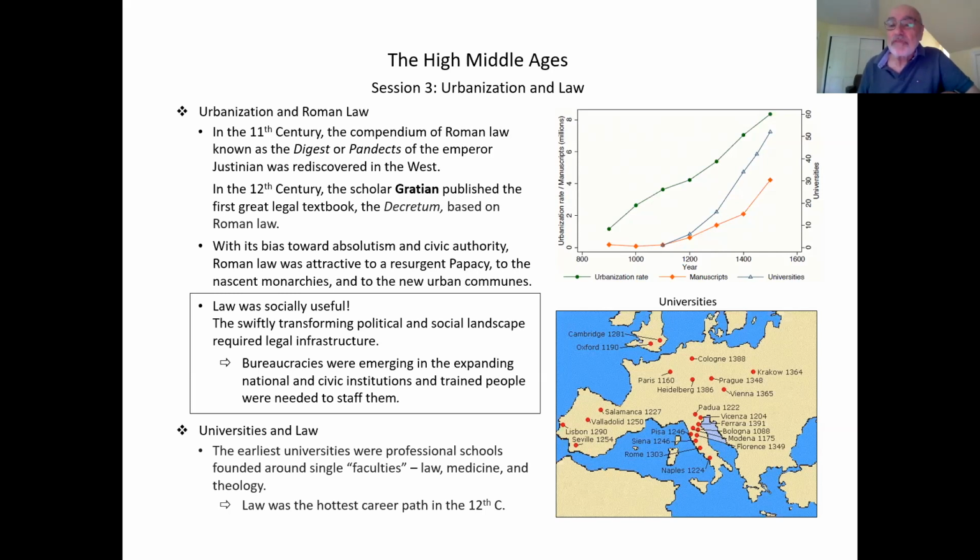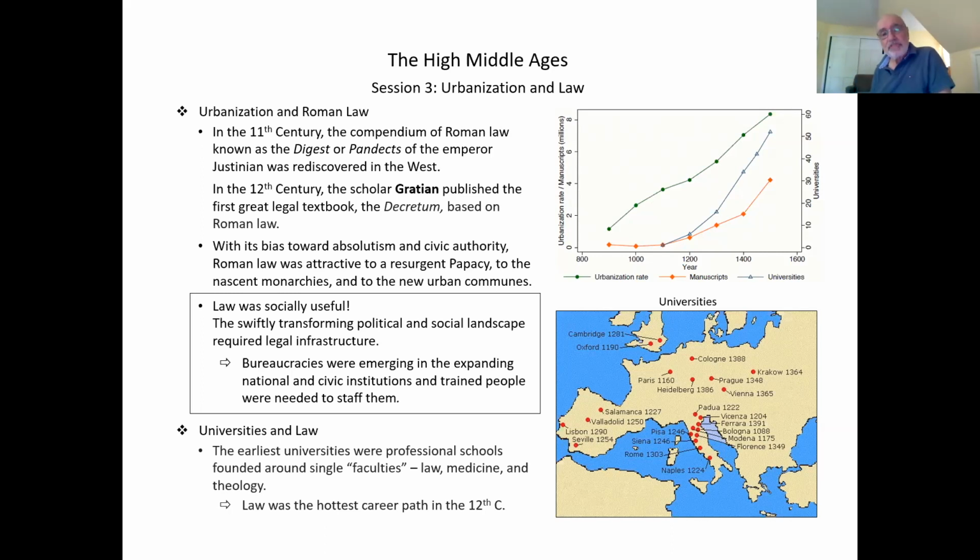And of course, the growth of universities is the y-axis on the right side. But you'll see, as urbanization develops, manuscripts develop, and universities develop. It all happens together. And remember, the educational institutions of the earlier Middle Ages were monasteries. They were essentially rural.